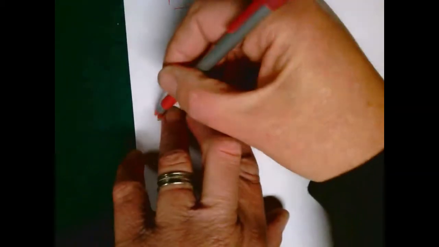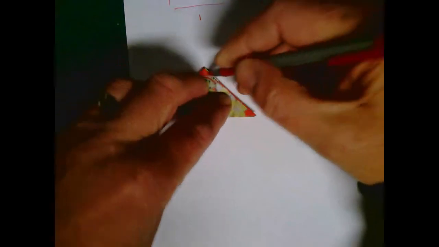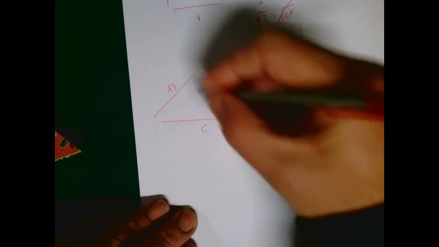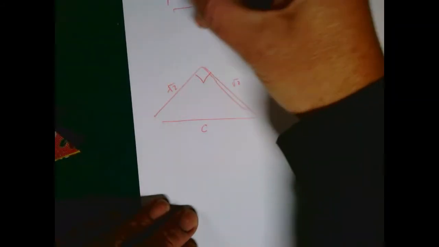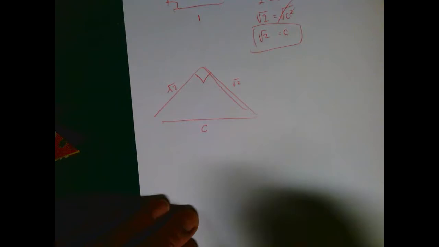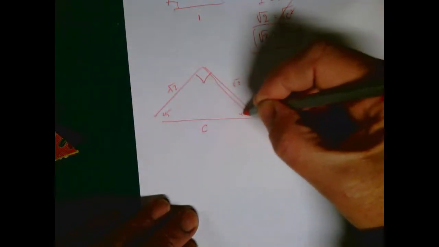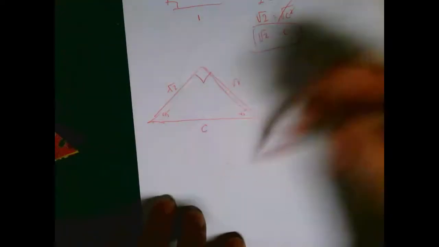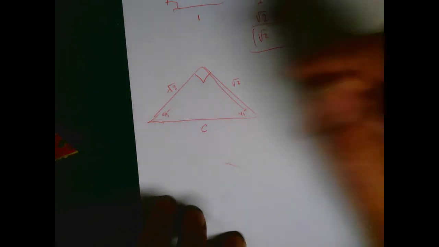So let me trace this now, just roughly. We have square root of 2, square root of 2, and now this is the hypotenuse. Again, over here, that was the hypotenuse. Now we're facing a different way. So that's important. It's still a similar triangle, not the same triangle, but still 45, 45, 90. It's just facing a different direction. So that's kind of important.